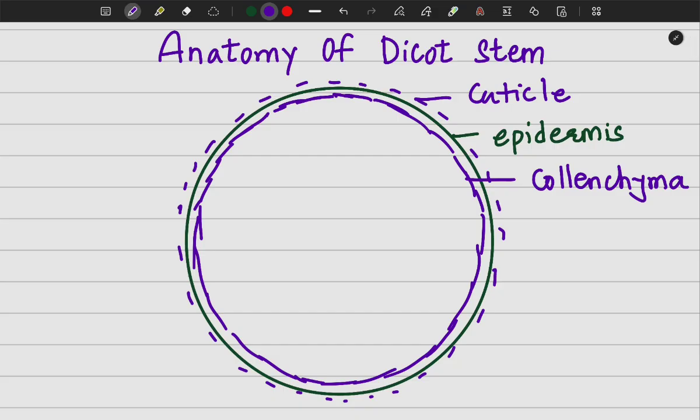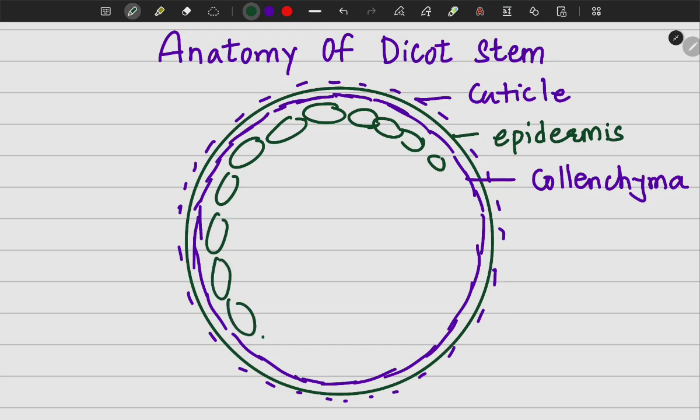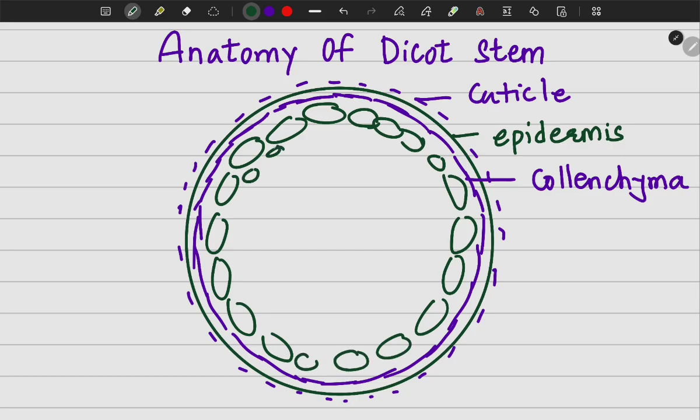Now, below the collenchymatous hypodermis, there will be several layers of round and thin walled parenchymatous cells with intercellular spaces between them. This constitutes the cortex.